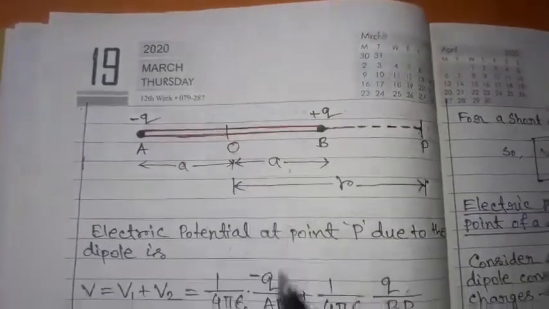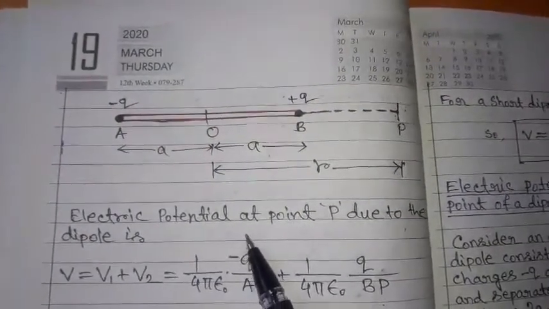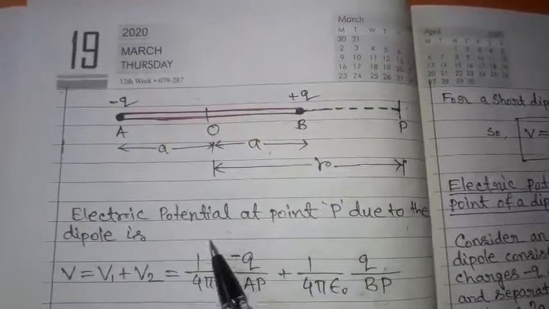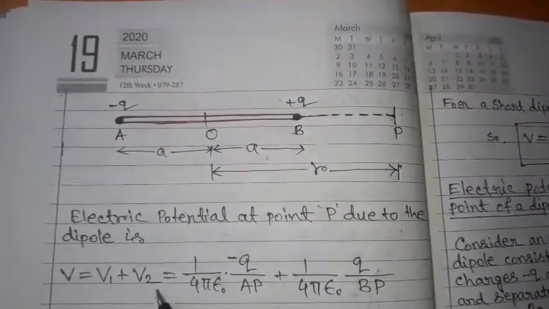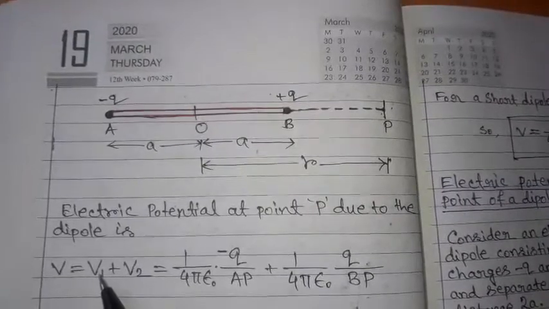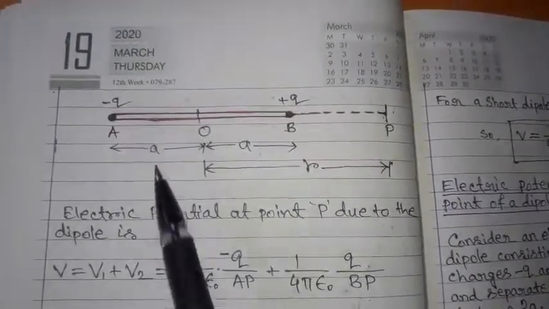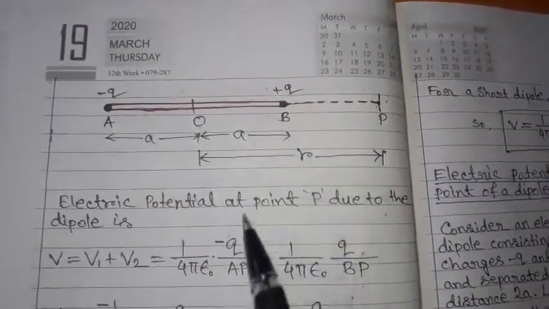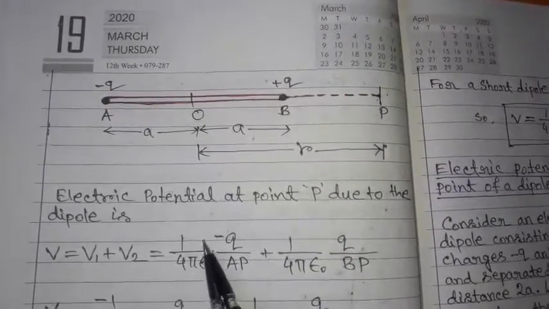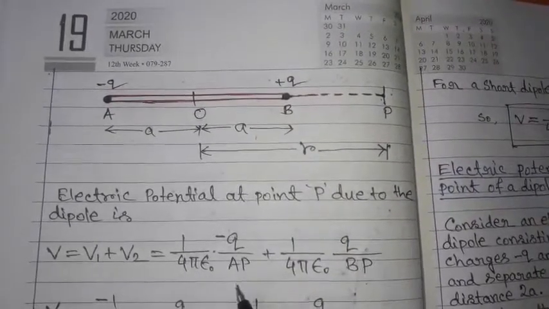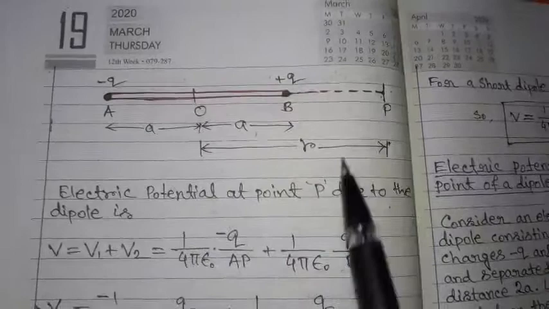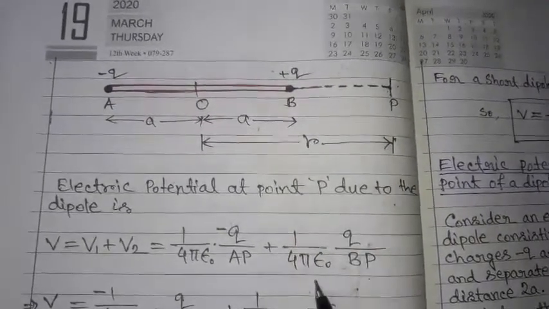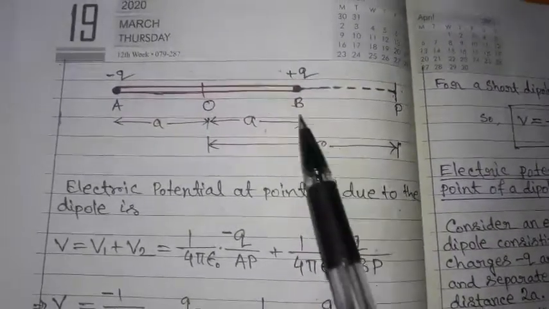Electric potential at point P due to the dipole is V equal to V1 plus V2. V1 for the negative charge and V2 for the positive charge. So V1 equal to 1 by 4 pi epsilon 0 minus q by AP, and V2 is 1 by 4 pi epsilon 0 q by BP.